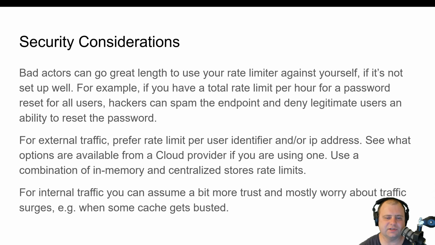So it's a kind of DDoS attack, although not by overloading the service and removing availability, but by using the rate limit to play a bad actor essentially.